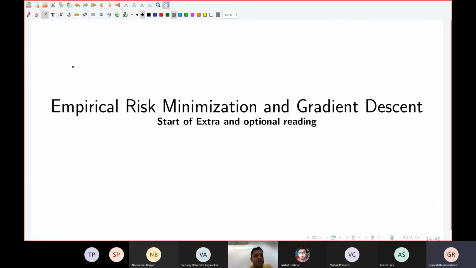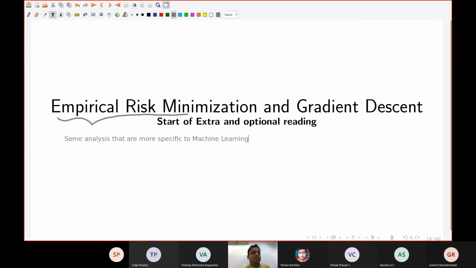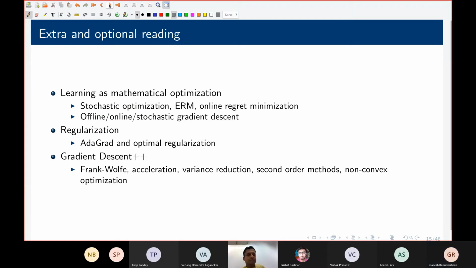In some sense, when we say empirical risk minimization, this is analysis more specific to machine learning. Since it's optional, I'm going to be very quick on this.